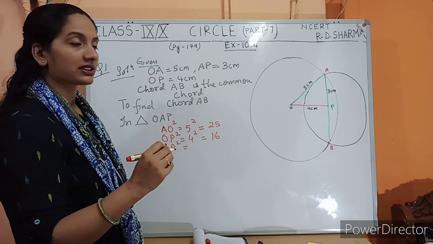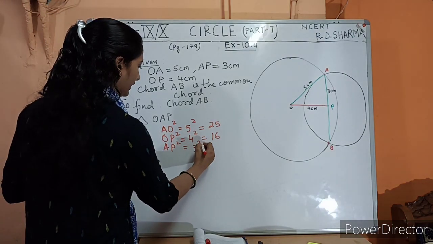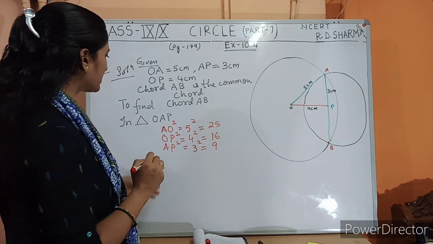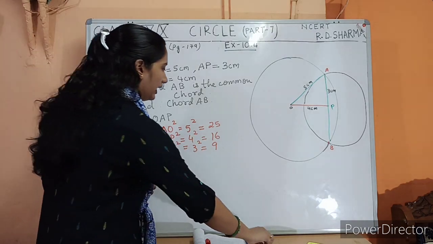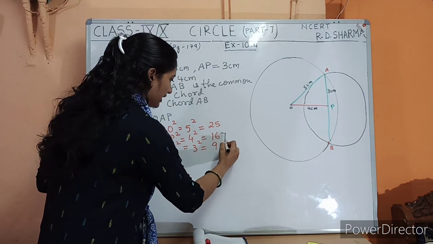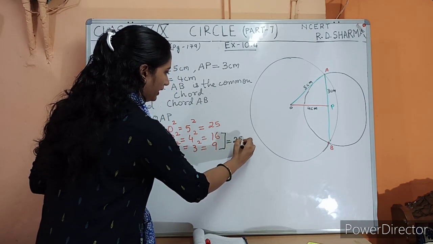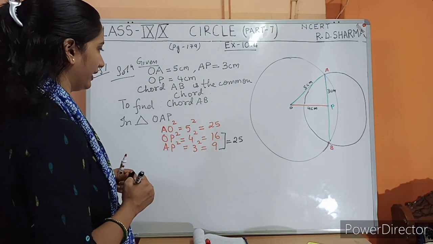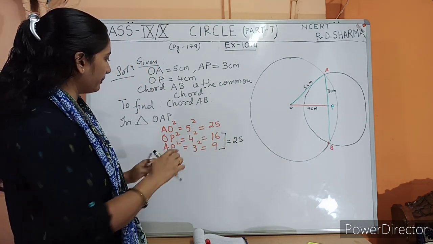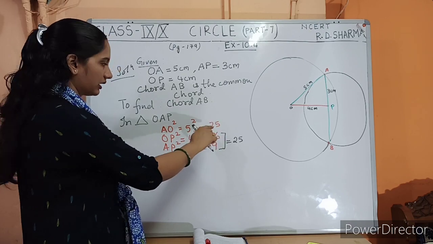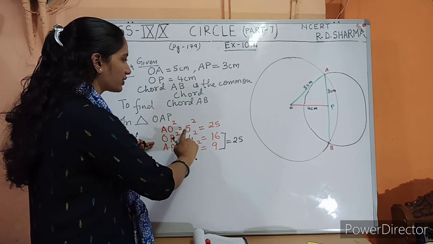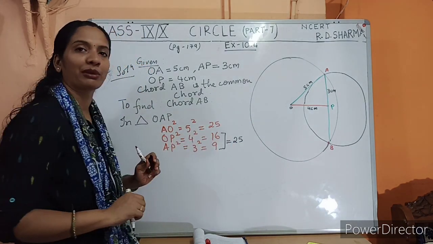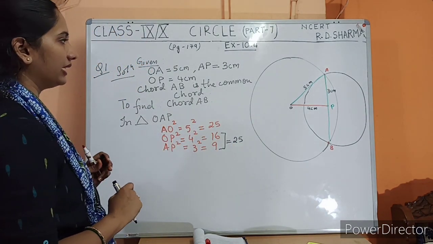AP whole square is nothing but 3 whole square, that is 9. Can you see any relation between these three values? Yes, the sum of these two will come as 25. And this 25 is the square of OA, as well as the sum of squares of the other two sides is also coming here as 25, right?